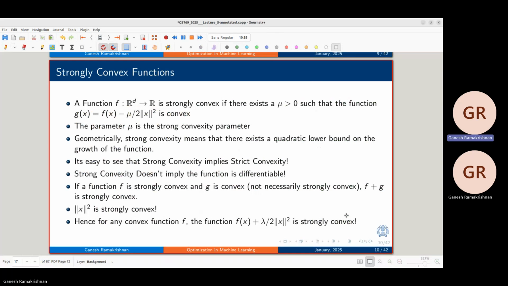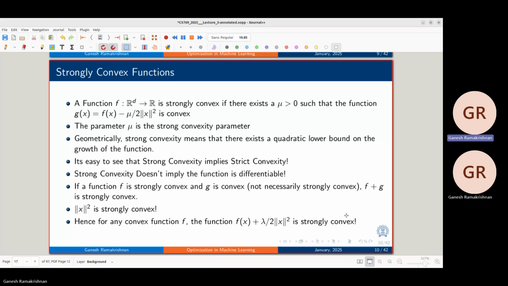Now we come to another interesting class of functions called strongly convex functions. And we'll try connecting all these definitions to the different notions of sets we have seen. So what is a strongly convex function? Basically, if I subtract a quadratic component from the function and find that the new function is still convex, the function is strongly convex.